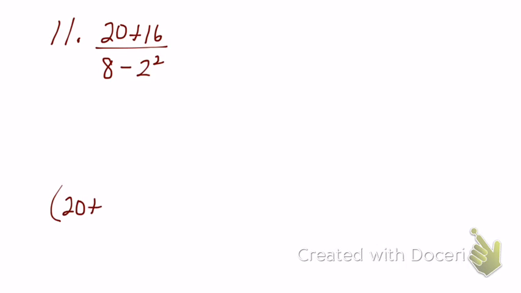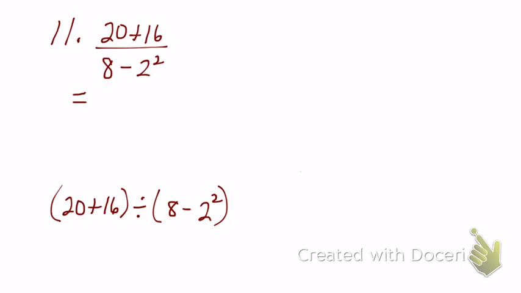In fact, we could write it as 20 plus 16 divided by 8 minus 2 squared. So it's a special kind of separation symbol. So basically we simplify the numerator, we simplify the denominator, and then whatever fraction we get, we simplify that.